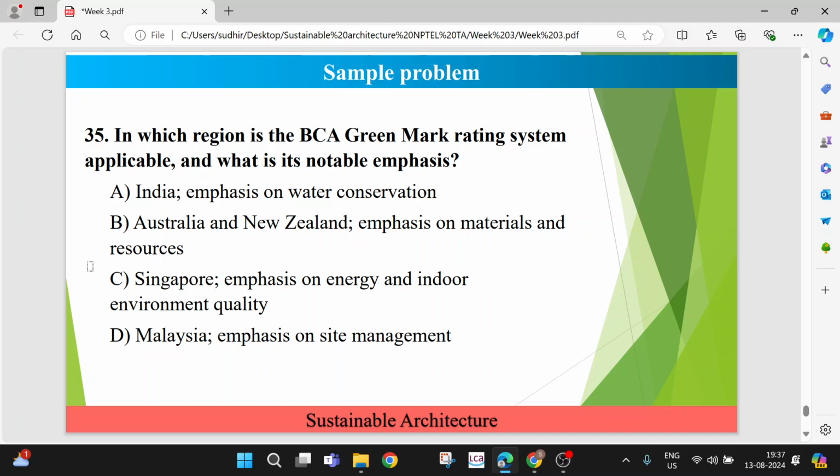This emphasis distinguishes it from other rating systems that may prioritize different aspects of sustainability. So the BCA Green Mark is mainly utilized in Singapore.